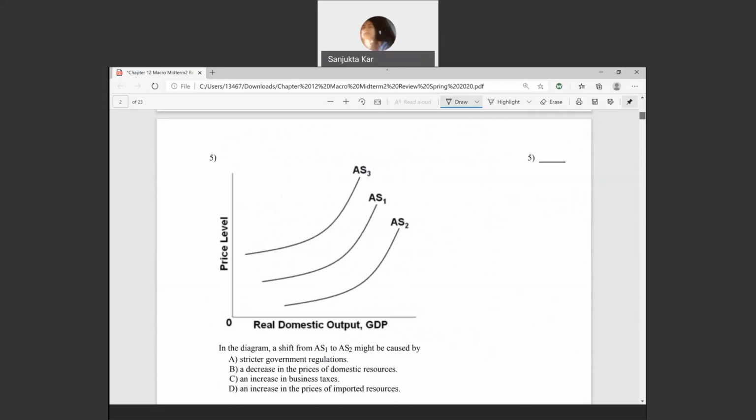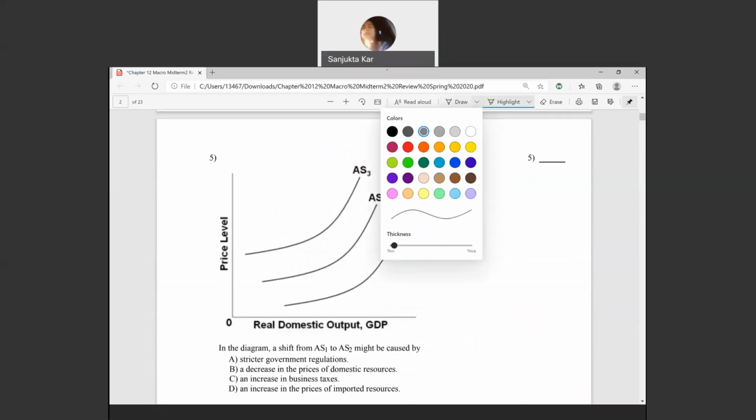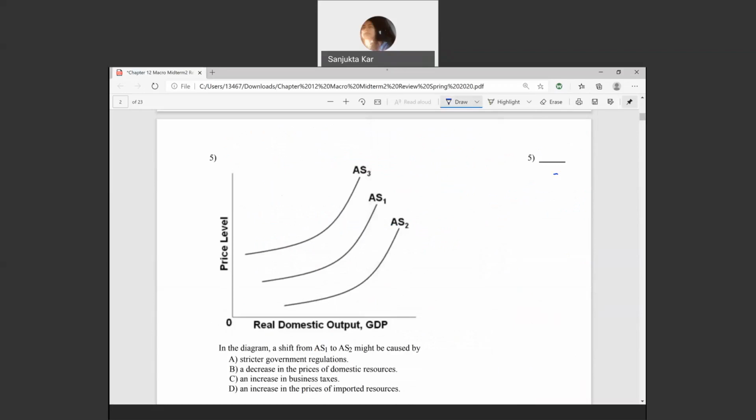Now going to question number 5 here. It says in the diagram a shift from AS1 to AS2. That means the aggregate supply curve is shifting to the right. That means the supply is increasing.